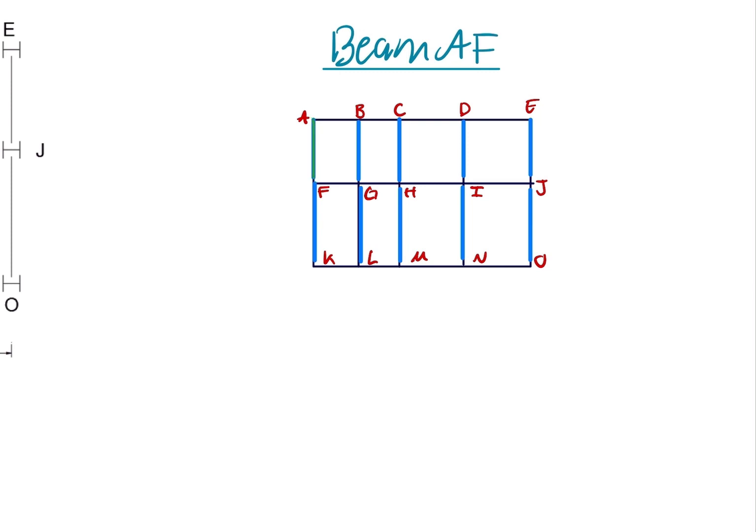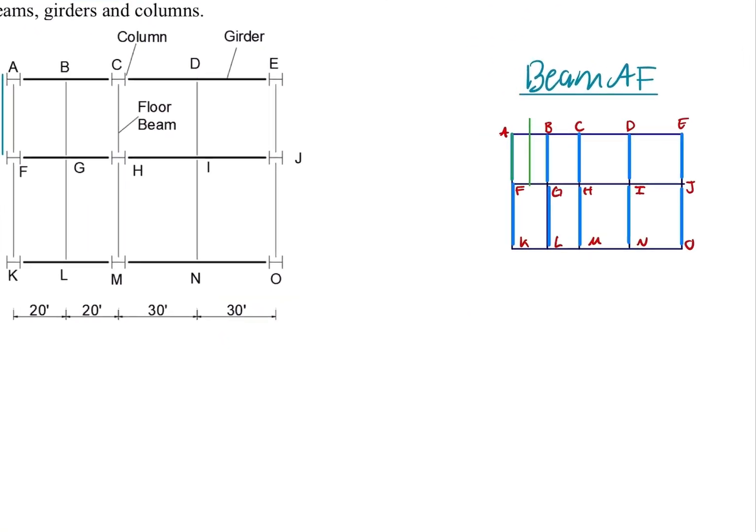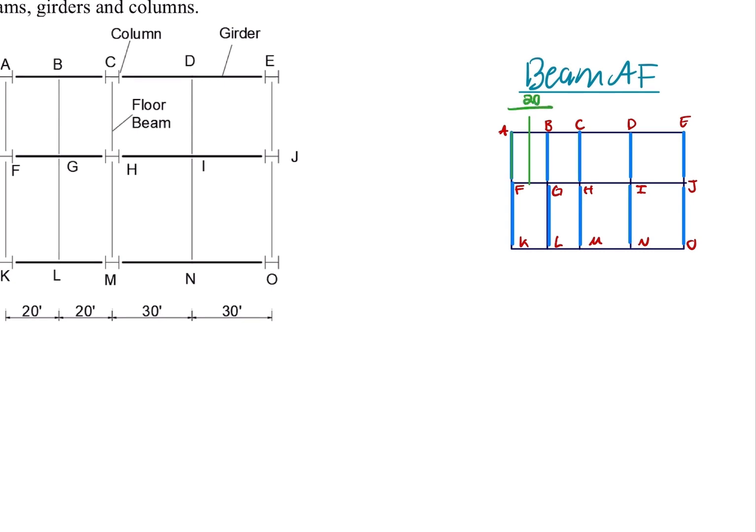So to find the tributary area for beam AF, we have to look at the next beam over, which is this beam right here, and we know that the tributary area will be half. We'll have to split this area in half. This whole thing is 20 feet, so this part is going to be 10 feet.